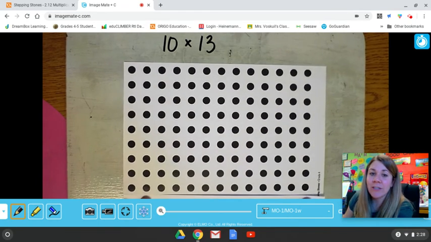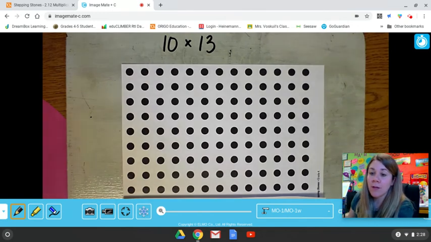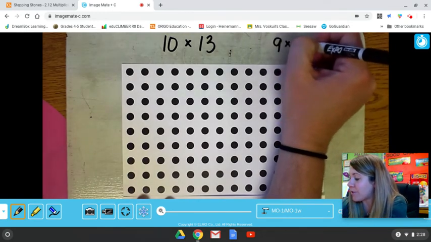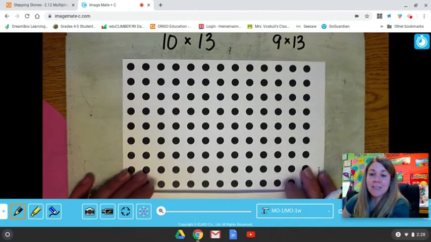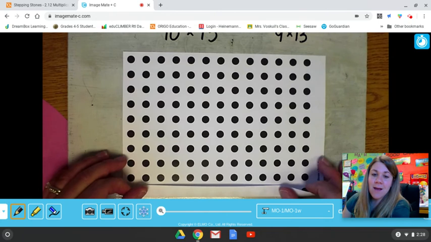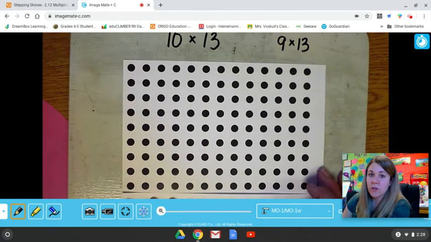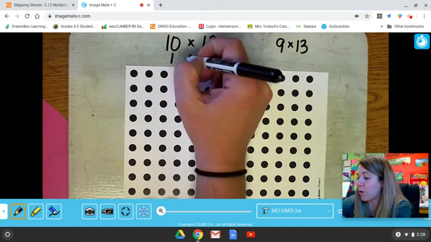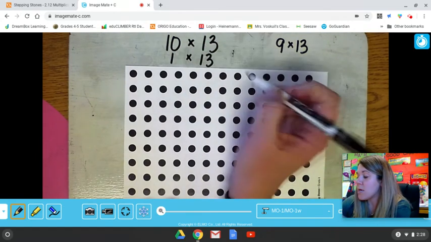I only have 9. I just covered one up. So when I'm trying to solve 9 times 13, let's use 10 times 13 and then cover up one of those rows. So the row that I'm covering up is one row of 13.